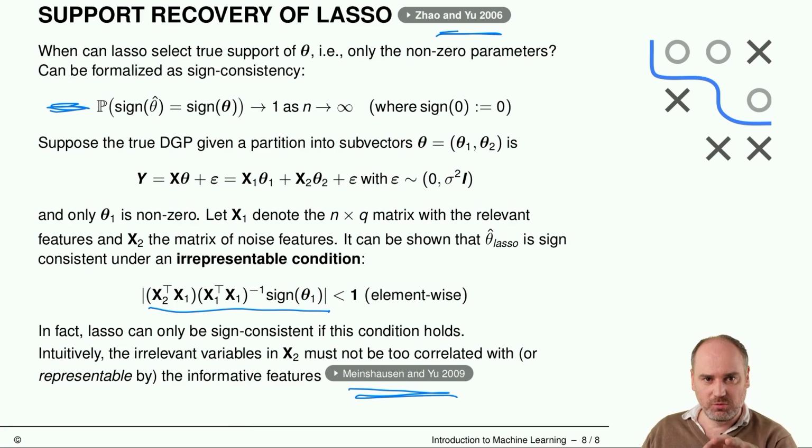The Lasso is sign consistent if the irrelevant features in this theta 2 x2 part are not too correlated, if they're not easily representable, and this is why it's called the irrepresentable theorem, by the informative features in the theta 1 part. If that is true, the Lasso will actually truly recover in estimation the structure and the part of the informative features.